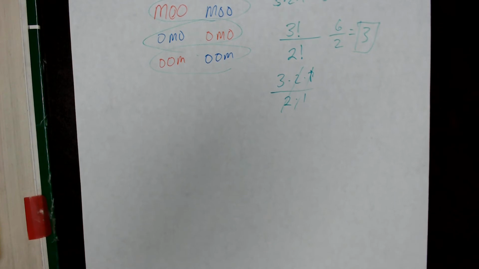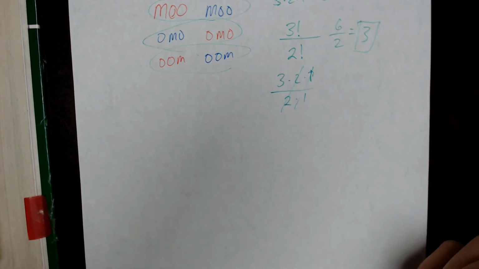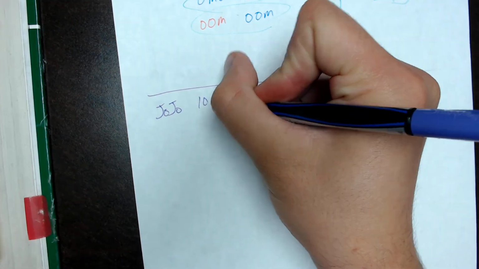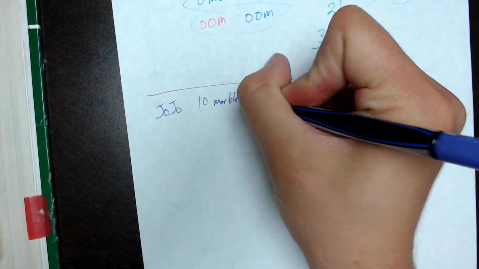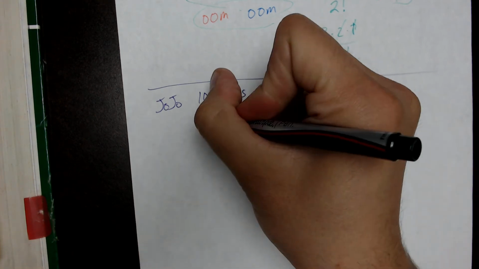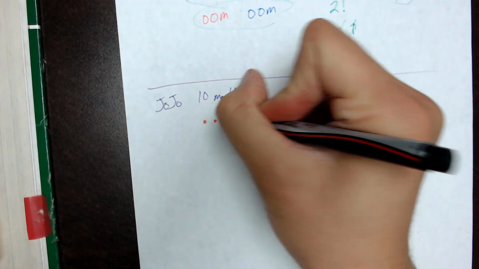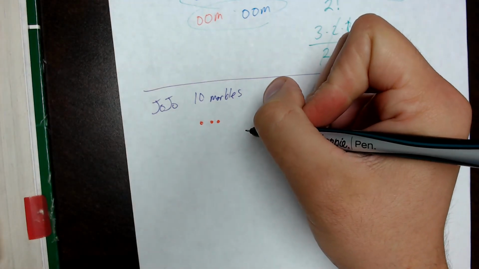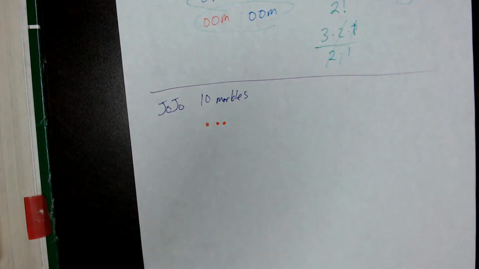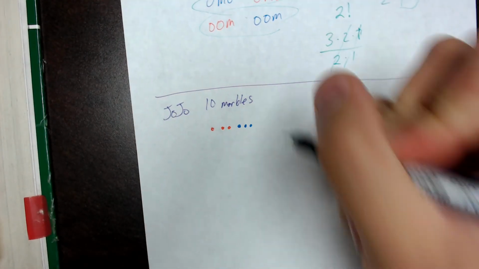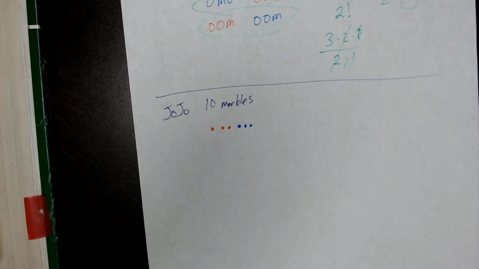Let's see here. All right, I'm going to go with this one because my son's name is Jojo. They tell us Jojo has 10 marbles. Of his 10 marbles, 3 are red, 3 are blue, and 4 are green.